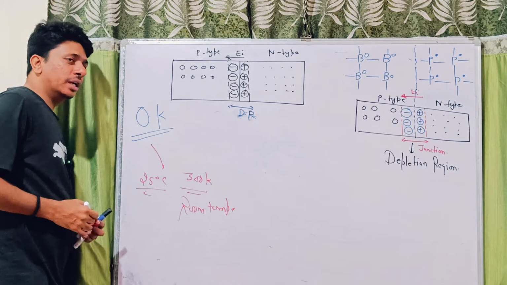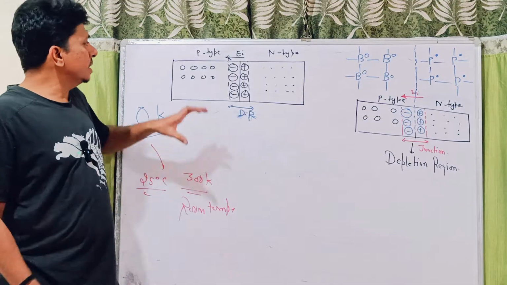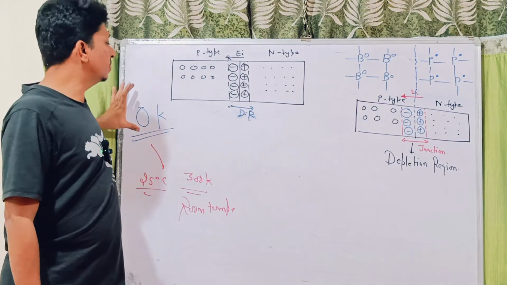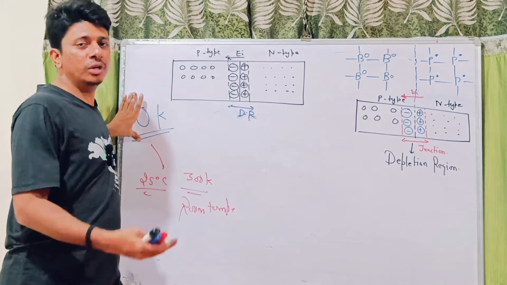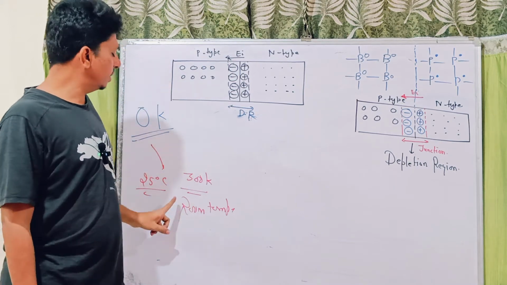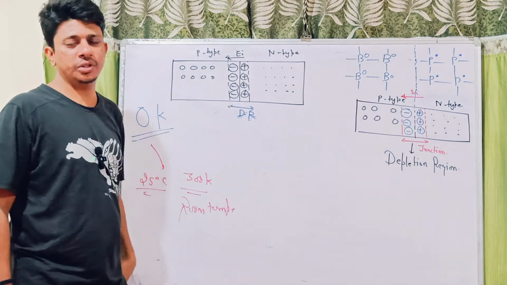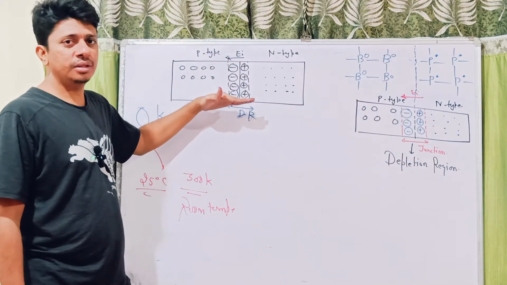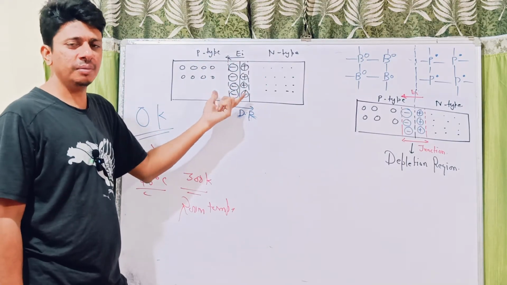Now, if this is the representation at 0 Kelvin, what will be the representation at 25 degrees or room temperature? Is there any difference in the representation of the p-n junction?